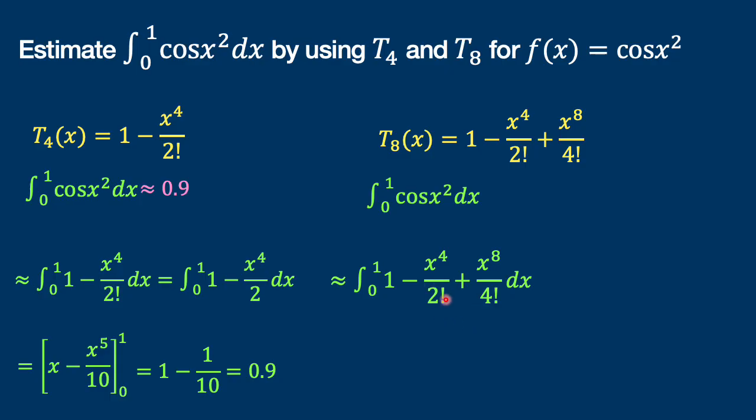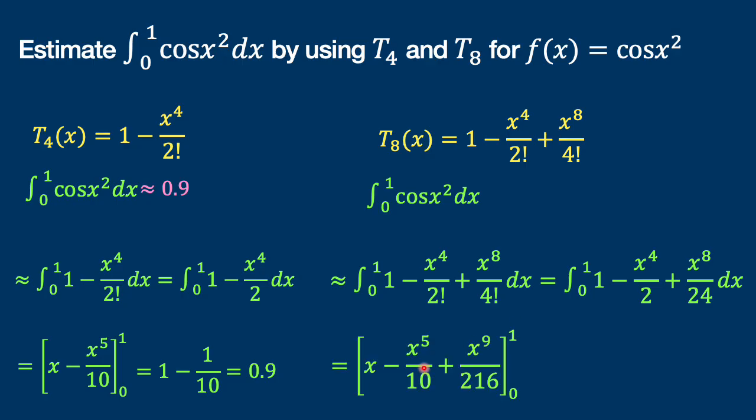So the integral from 0 to 1 of cosine x squared dx is approximated by T8. 2 factorial is 2. 4 factorial is 4 times 3 times 2, that's 24. So we integrate 1 minus x to the 4th over 2 plus x to the 8th over 24 dx. We find the antiderivative of each term: x minus x to the 5th over 10 plus x to the 9th over, 24 times 9 is 216. And then you plug in 0 and 1.